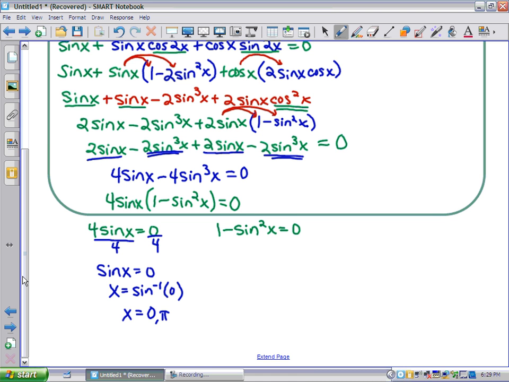Next, we go over here to the right, and I need to get sine on a side by itself. So I'm going to go ahead and add sine squared x to both sides. And here we get 1 equals sine squared x. To get rid of my squared, we know we need to take the square root. So when you take the square root, I should get 2 answers. I'm going to get the positive or the negative 1, and that's going to equal sine x.